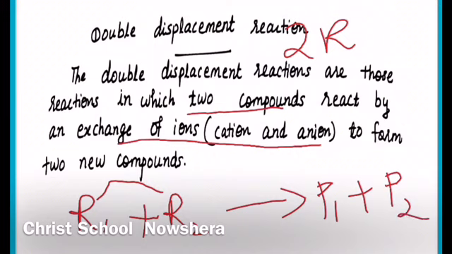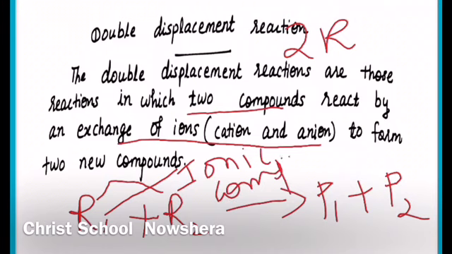So there will be exchange of cations and anions of these two reactants. That means if there is exchange of cations and anions, these two reactants should be ionic compounds.